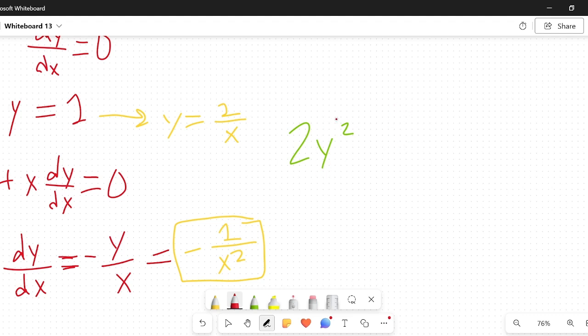So in this case, if we're trying to find the derivative with respect to x, this is equal to the derivative with respect to y multiplied by the derivative of y with respect to x.